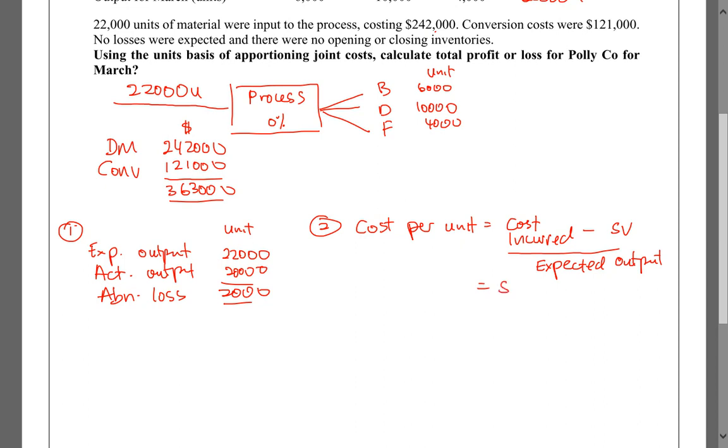How much is my cost incurred? $363,000 scrap value because 0 normal loss. $16.50.